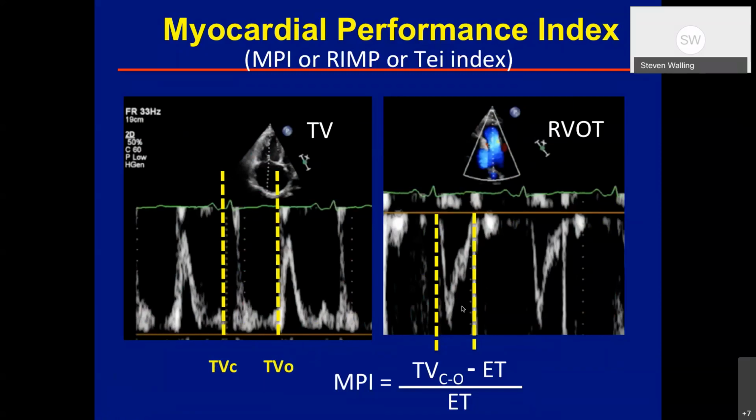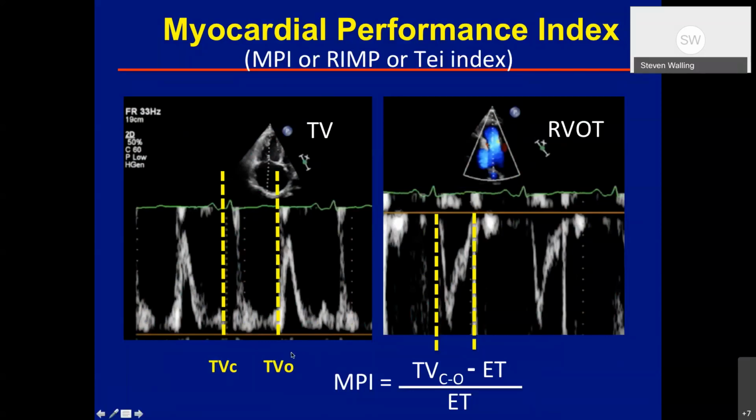Importantly, the isovolumic contraction time is how much time you need to get yourself ready to go to work, and the isovolumic relaxation time is how much time you take to recover from the work. And the ejection time is the real time you are doing your job. To think about efficiency, if someone takes very little time to get ready and go to work, and can work for a long period of time, you're a good worker.